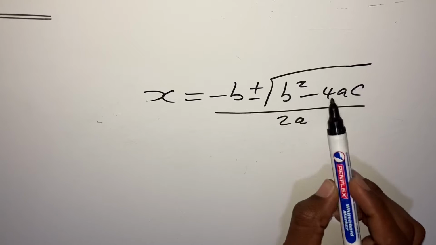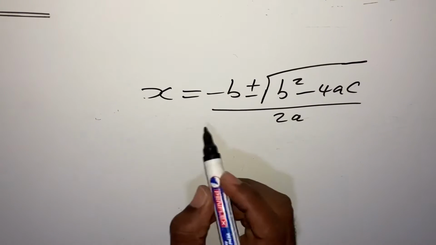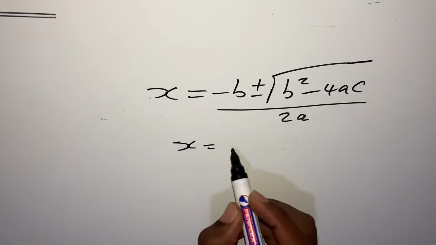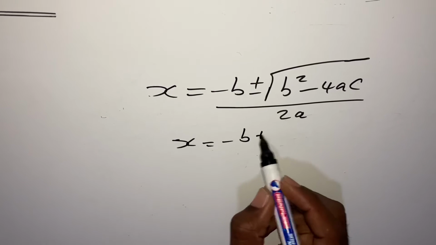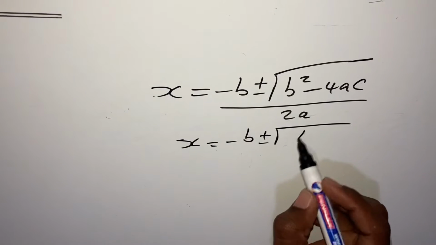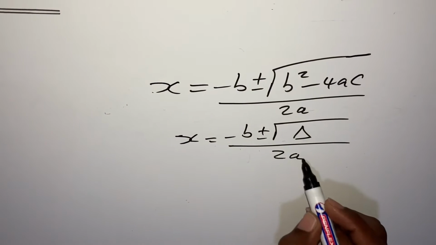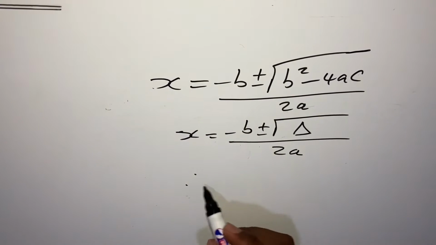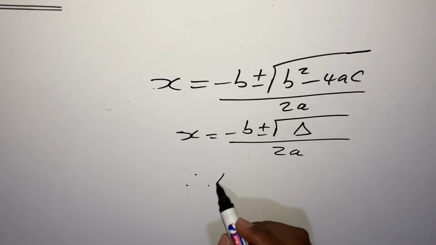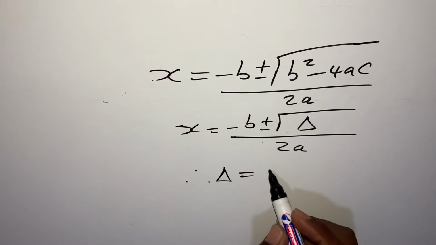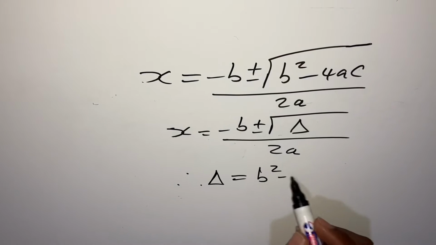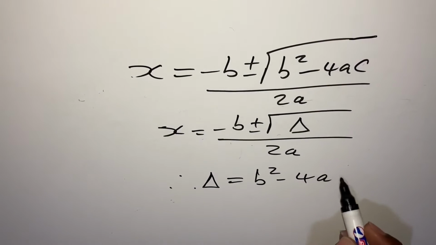So the b squared minus 4ac, which I can just write in this form, is a plus or minus delta, all over 2a, meaning that my delta is actually equal to b squared minus 4ac.